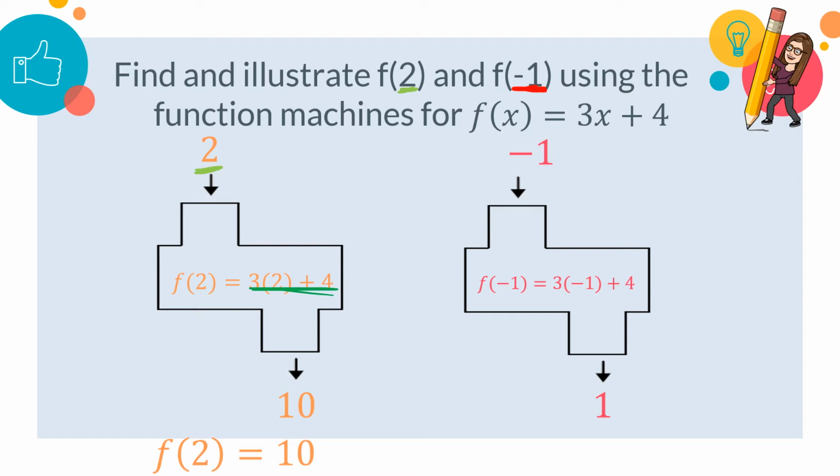If my input's -1, my output's 1. If my x is -1, my y is 1. If my domain is -1, my range is 1. Remember how we can use those definitions interchangeably. They're synonyms. So for my answers, you'll notice how I wrote them. I wrote, hey, what did I plug in? And what was the result?